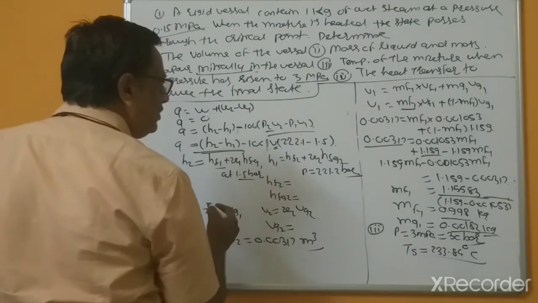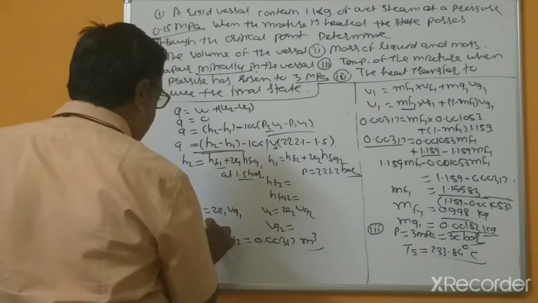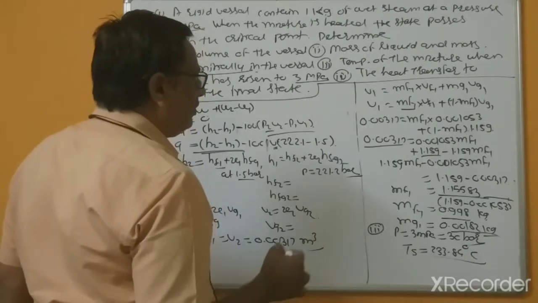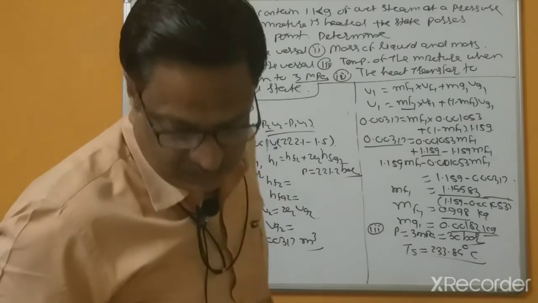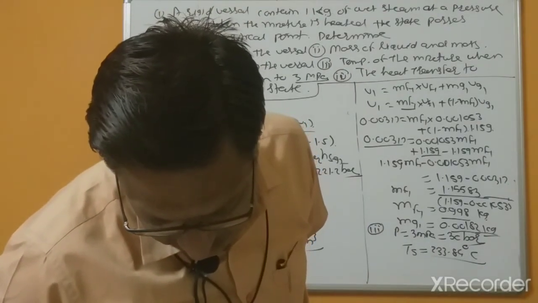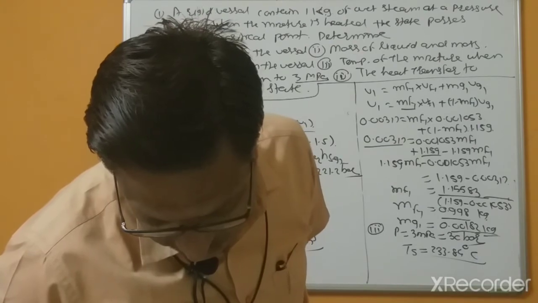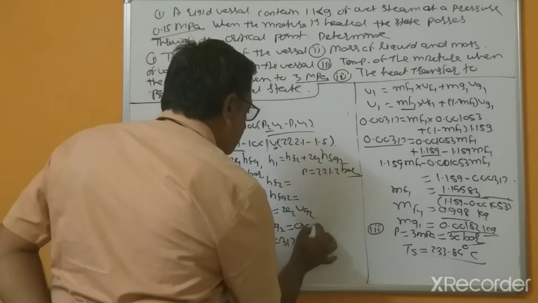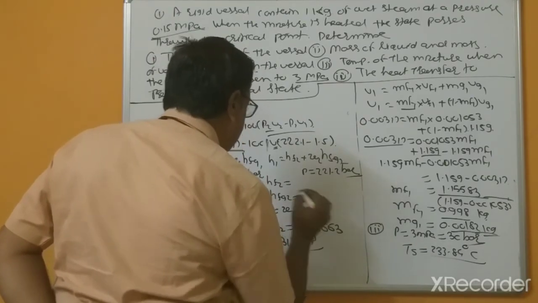Vf1 is not that much important, 1.159, and Vg2 equal to, this is not extracted, 0.06663.